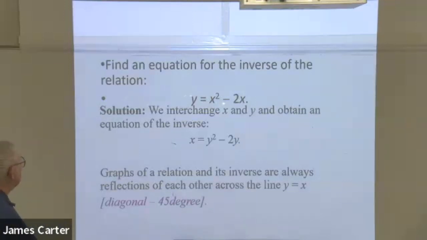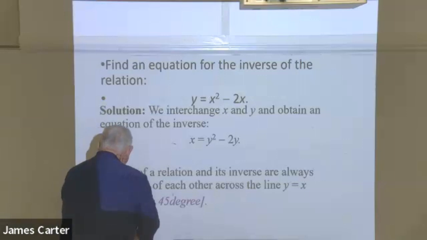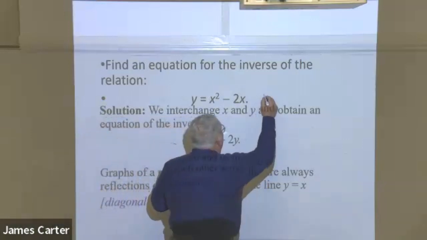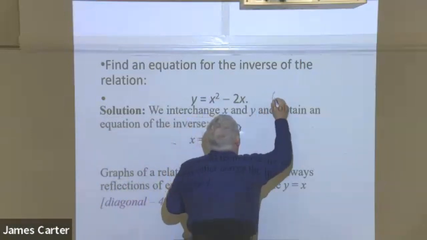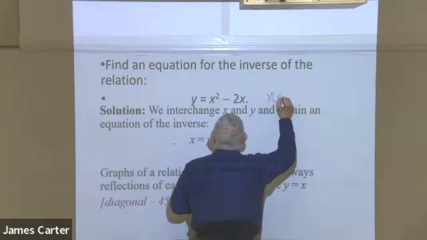Now, look at this equation. That thing is a parabola, right? With a modifier on it. If we factored that thing, it would have been x times x minus 2.